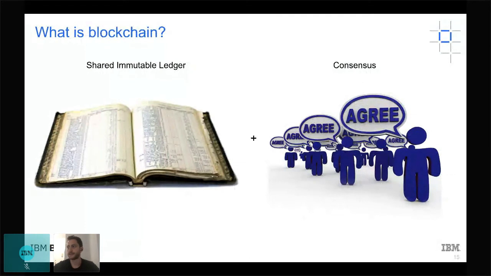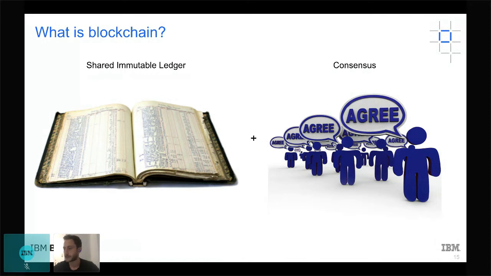So what is blockchain? For those of you who are more beginners, a blockchain is really an immutable ledger and consensus. What do I mean by that? Maybe it's easier to get into the background. I'm sure many of you have heard of Bitcoin.